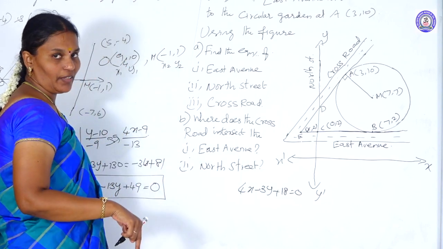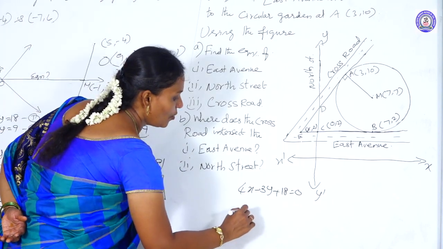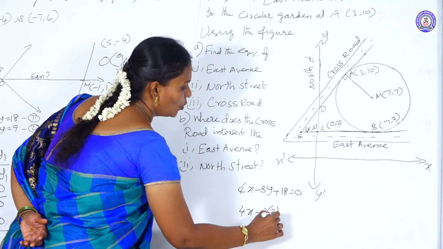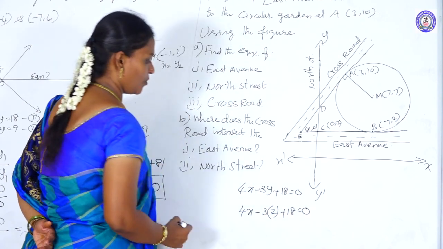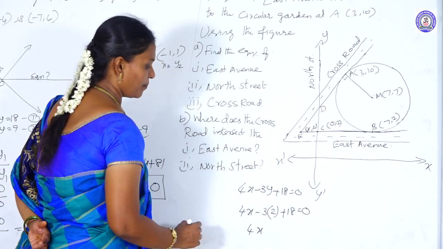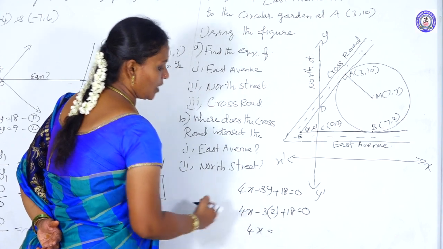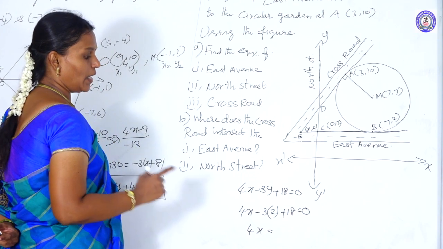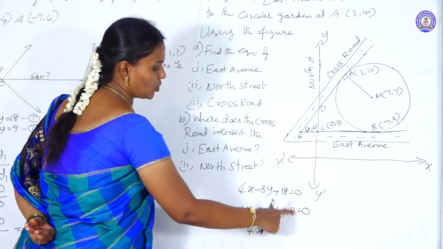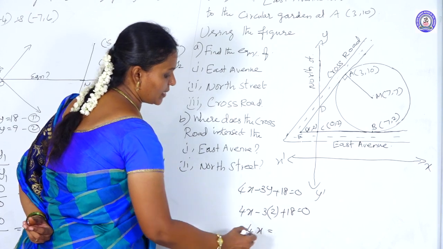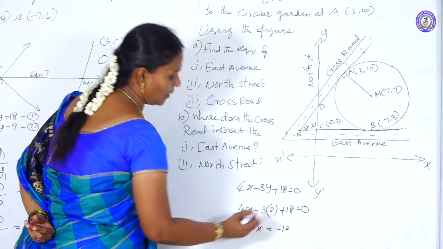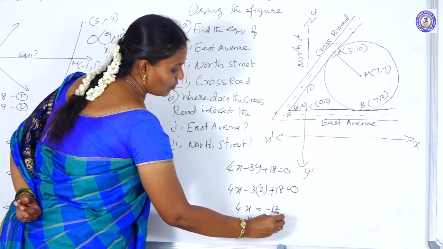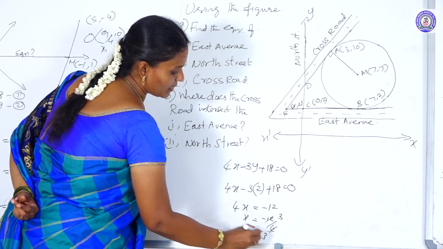Then you find the x coordinate. 4x minus 3 of 2, plus 18 is equal to 0. So 4x minus 6 plus 18, 3 twos are 6. So plus 12, since 18 minus 6 is 12. So the plus 12 goes to the right side and becomes minus 12. So x is equal to minus 12 by 4, that gives x is equal to minus 3.